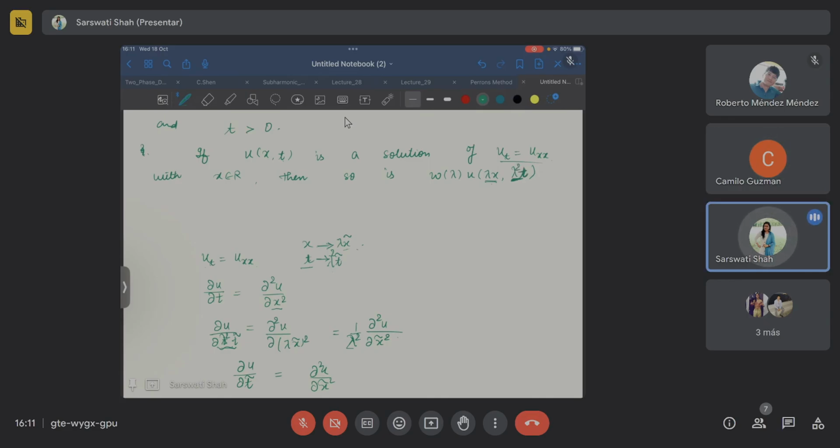I am not writing t tilde because we are suppressing the sign. So if u of x comma t is a solution of this heat equation, then this will also be a solution of this heat equation, and w lambda is appearing because of the lambda which will come outside, it is going to cancel that thing for any real lambda.